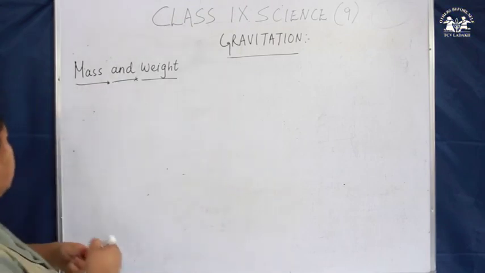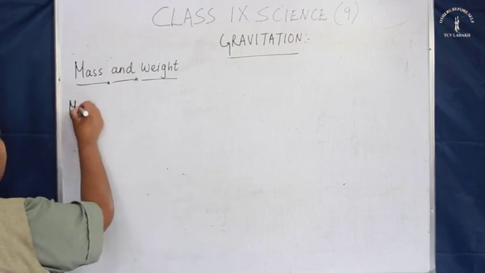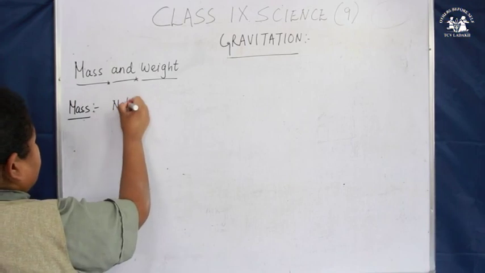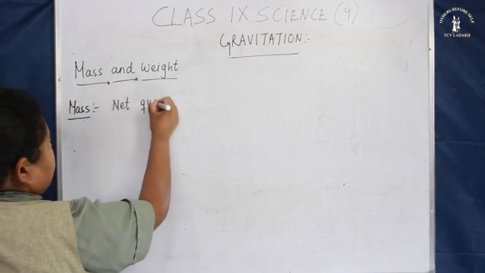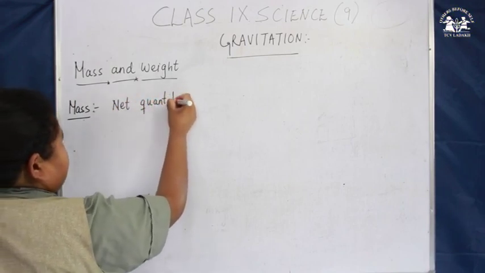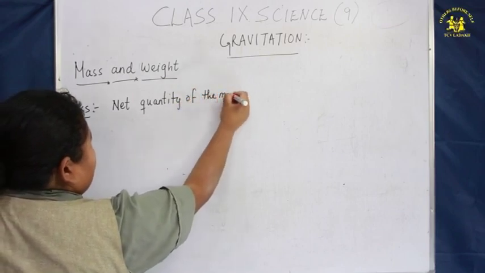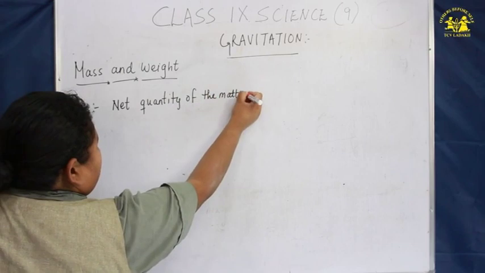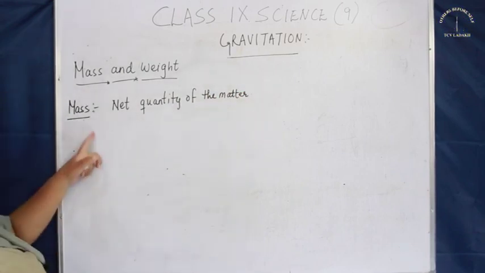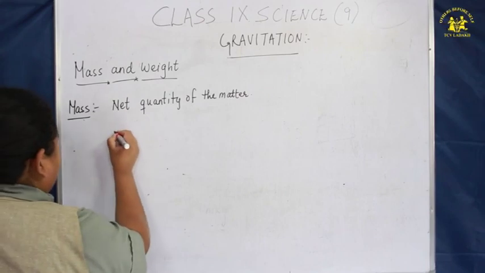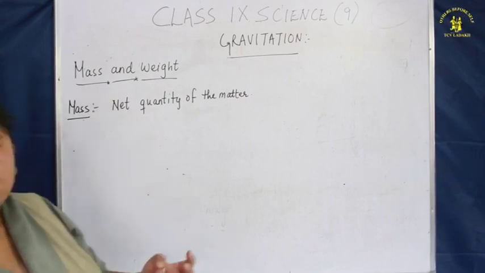So mass can be described as the net quantity of matter, right? Whatever substance we have been given, the total quantity of that particular substance is called mass. For example, let's say I have been given a certain amount of sugar.